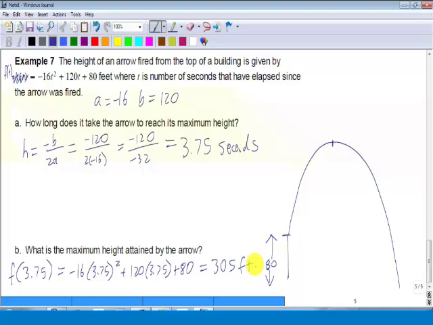So the numbers that go into that, where we evaluate the function, are units of time, seconds, and what comes out of the function gives us the height. The height is indicated in feet.